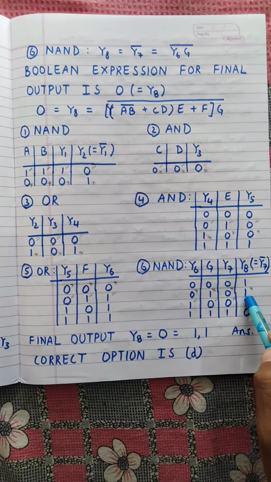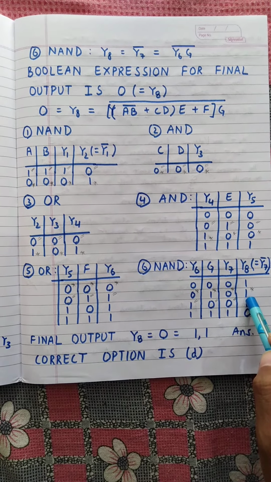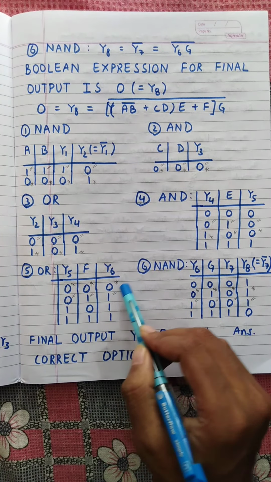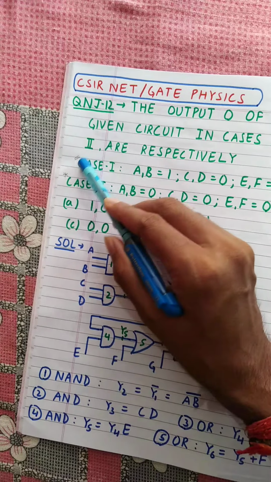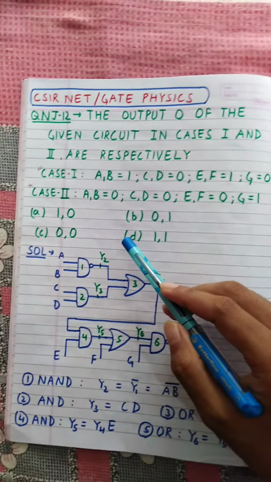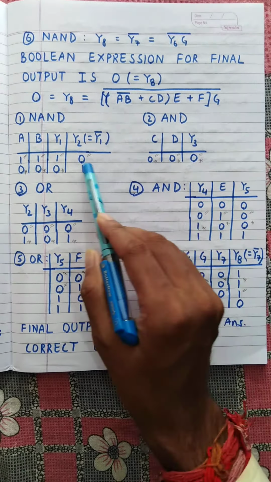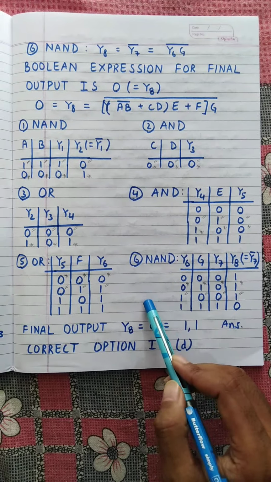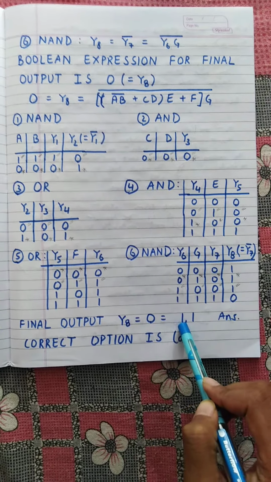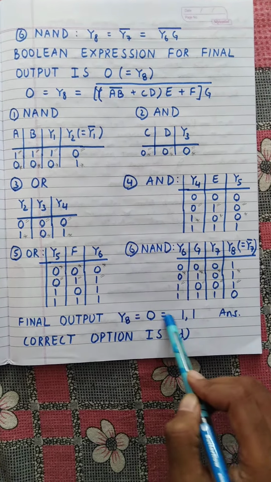As you can see, I have marked case 1 and case 2 differently. Case 1 is with a tick and case 2 is with a star. This marking helps me choose the proper combinations of inputs and outputs from the truth table, because it contains two cases. So for the first case our output will be 1.